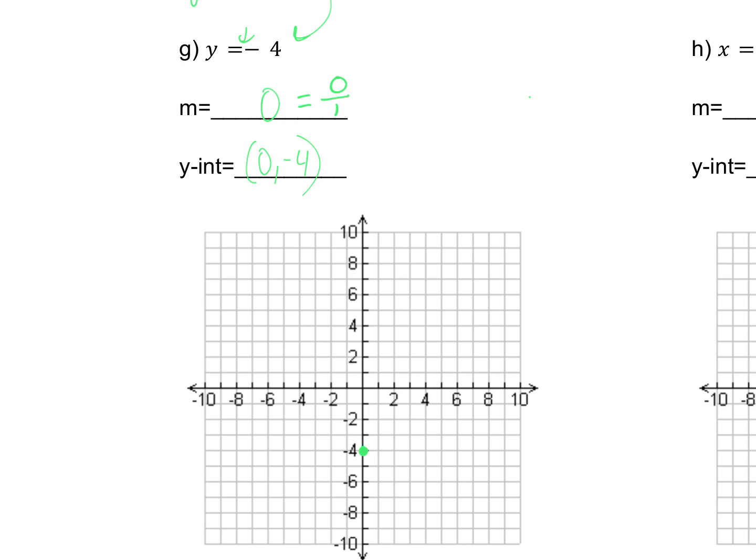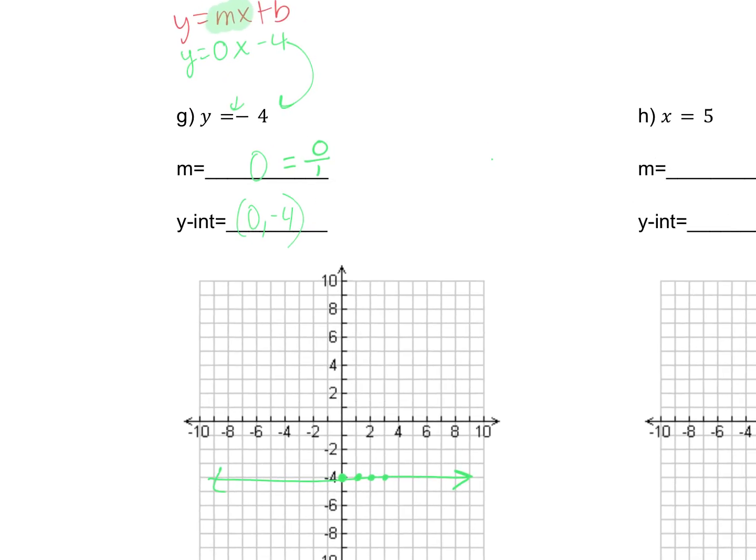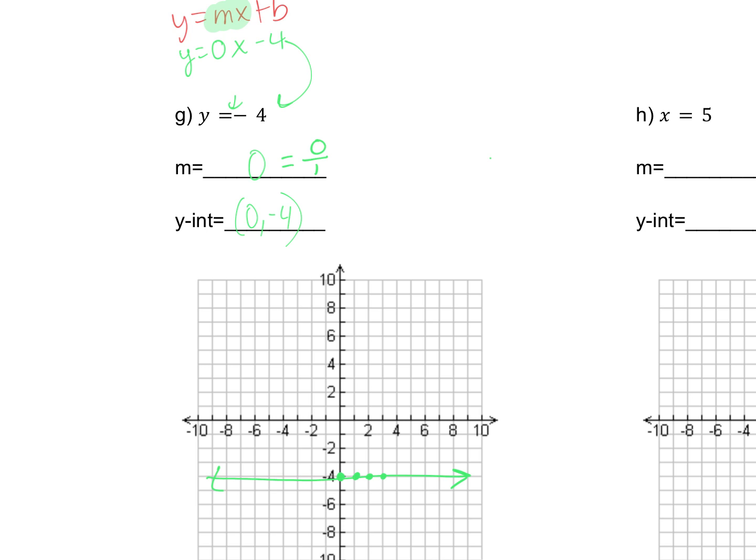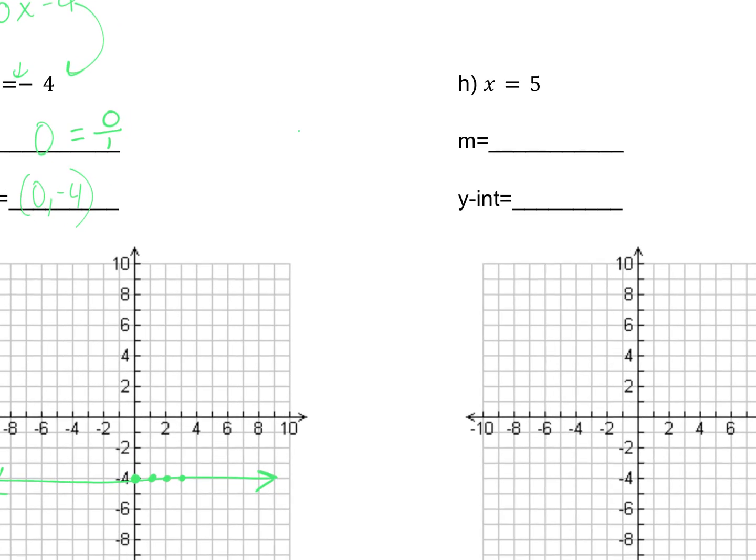So you go up 0, so you don't go up at all, right 1. Up 0, right 1. Up 0, right 1. And this is going to be a horizontal line. Okay? And you do have a few like this on your homework. So when you get to this, go back and flip back to this, because this one and the next one can be confusing.